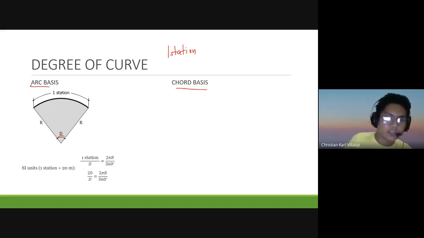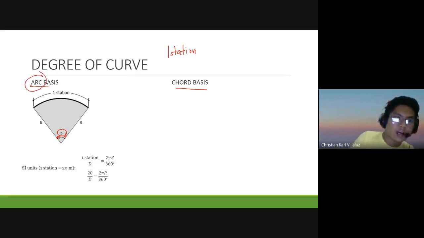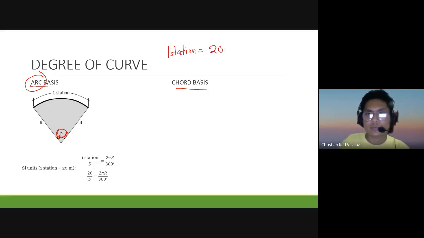Then we will measure the equivalent central angle of that sector. If we are given one station distance, which is measured along the arc, we will find the equivalent central angle of that, or the degree of curve. So here sa Philippines, we use one station equivalent to 20 meters. So for every 20 meters, we have one station.